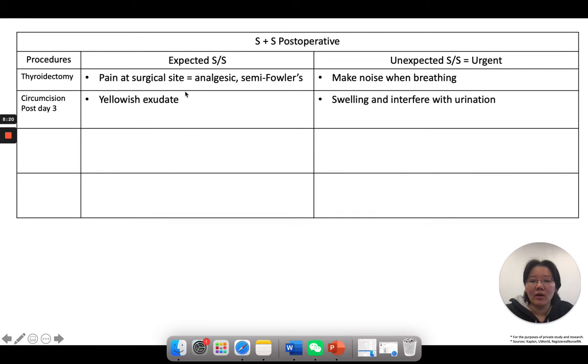So in the question, if someone has a thyroidectomy and they complain of pain, usually in comparison to anyone who has an unexpected sign, the unexpected signs usually take priority. But then you need to know which one is expected and which one is unexpected.